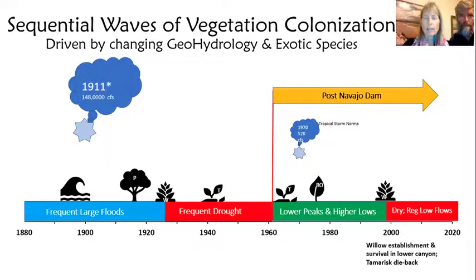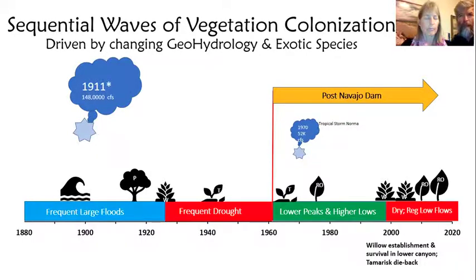And then lastly, an interesting new development is that we have more willow establishment down in the narrow canyon reaches, we think as a result of lower flows and no big floods to scour them away. Tamarisk is dying back in that portion of the canyon, and we're now seeing more willow and even Russian olive showing up down in the canyon.